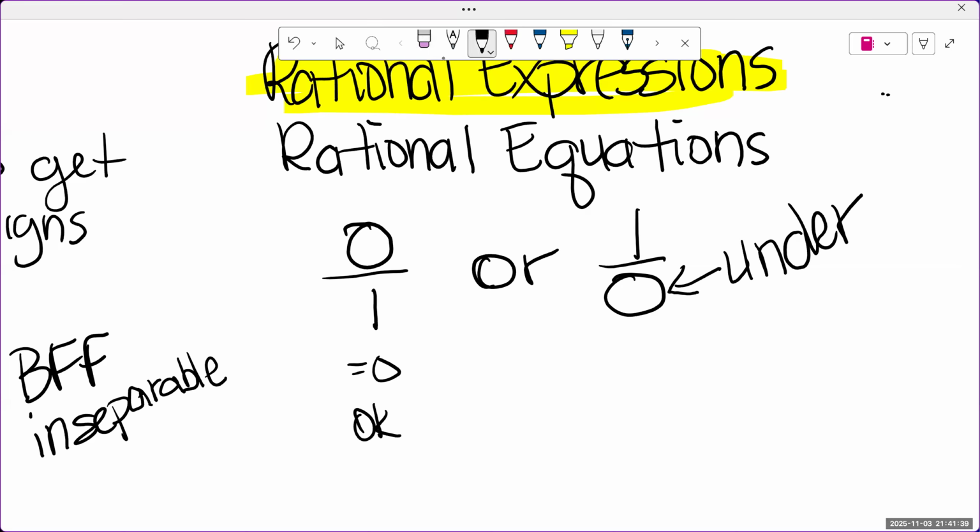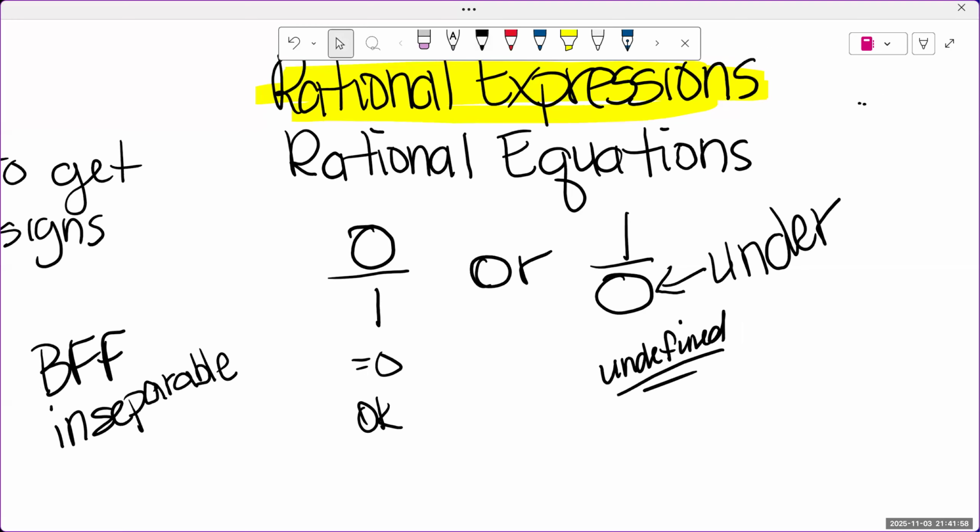If the 0 is under, and you try to do 1 divided by 0, you're going to get an error. We call this undefined. You cannot have a 0 on the bottom of a fraction.